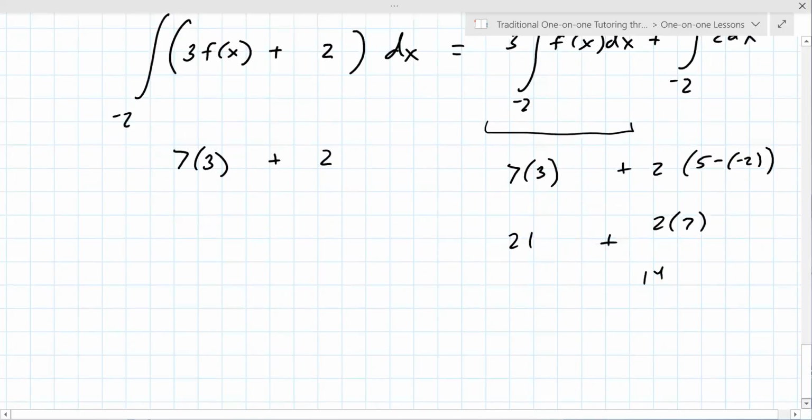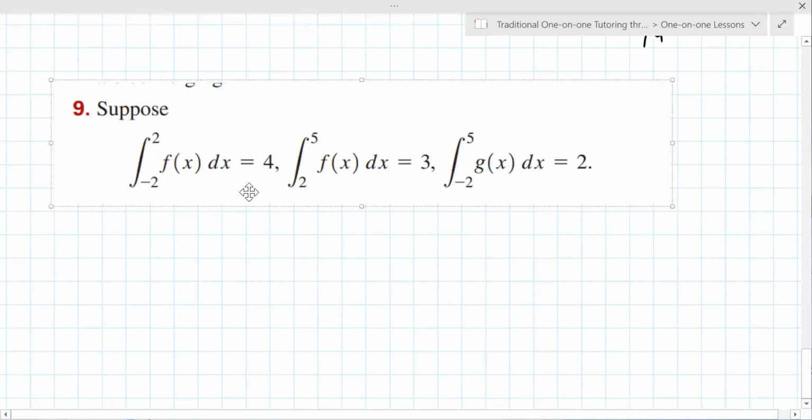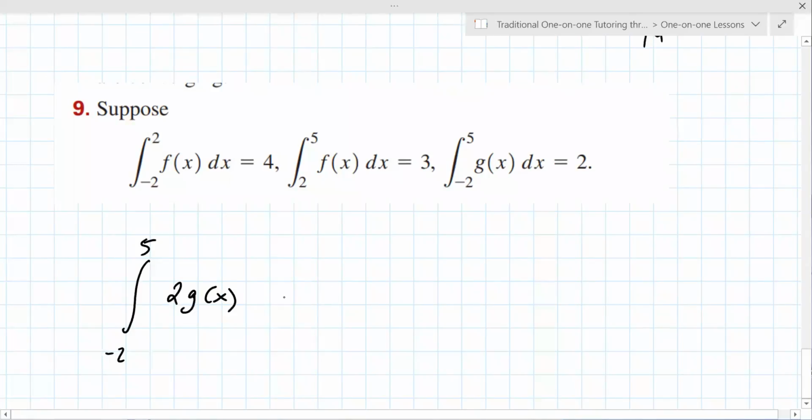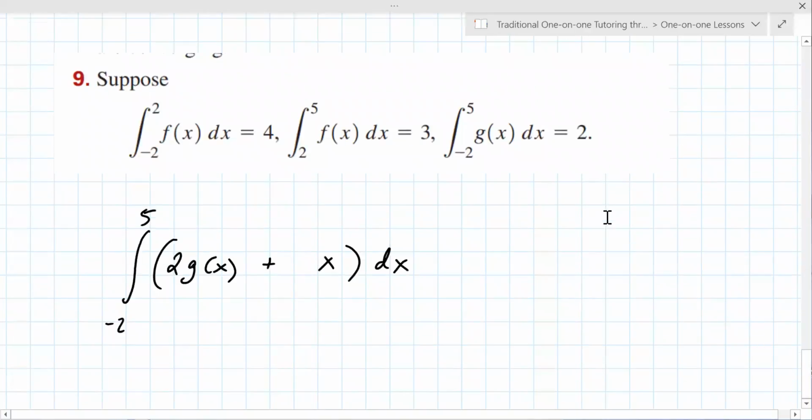Okay, so let me give you another type of problem you might see. They might ask you for the integral from -2 to 5 of 2 g of x plus x dx. I'm going to give this one a try.